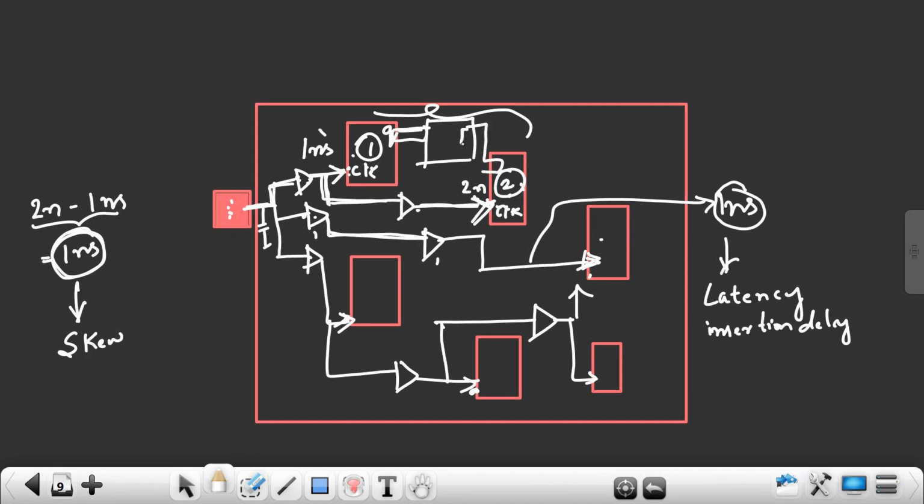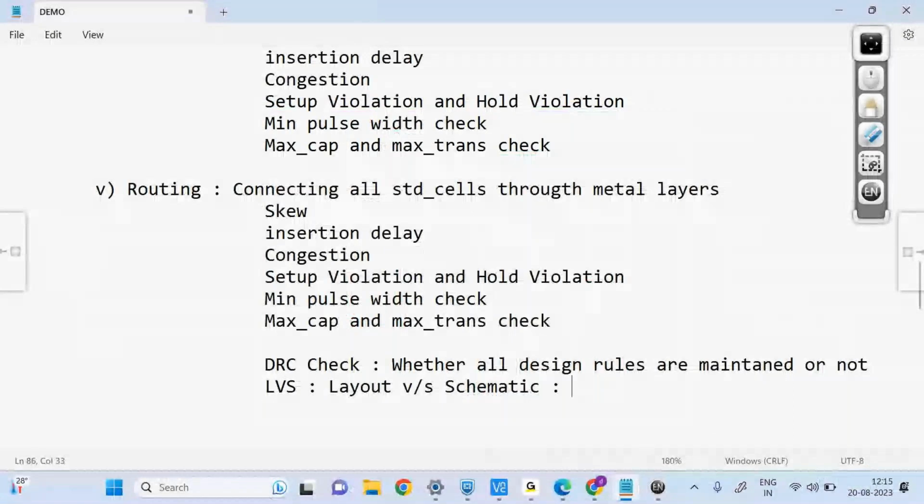So other signals are routed in the routing stage. Clock gets routed immediately after the CTS stage.